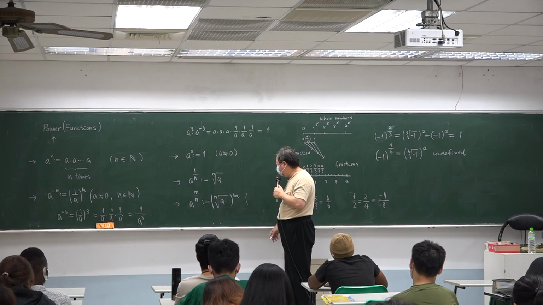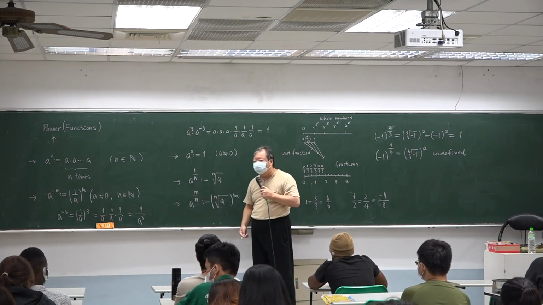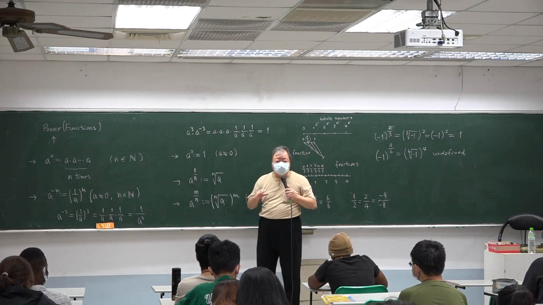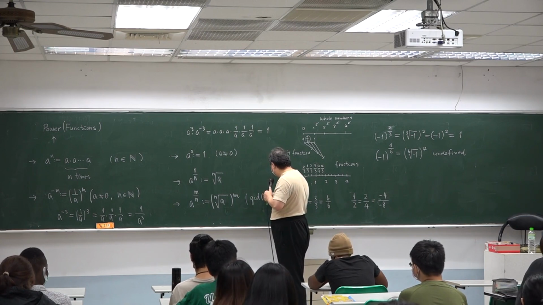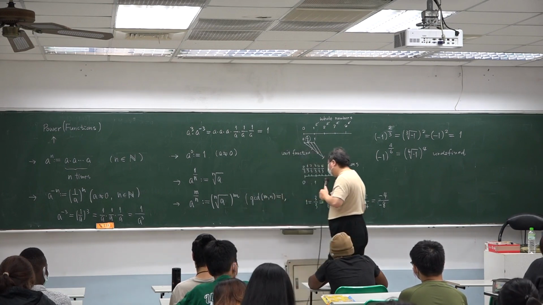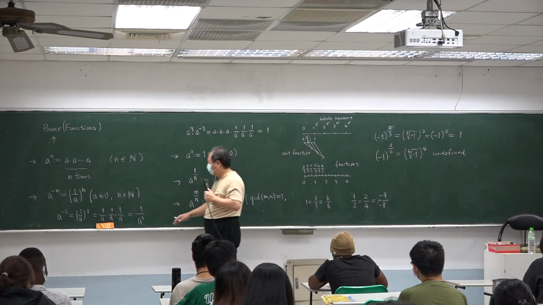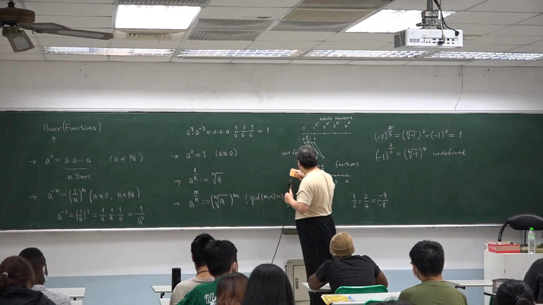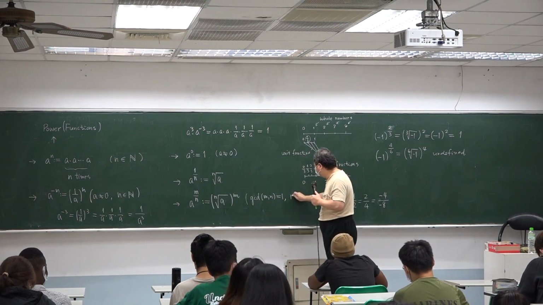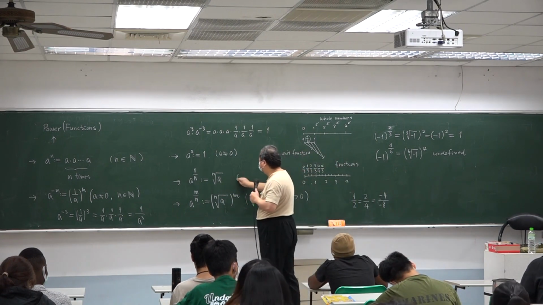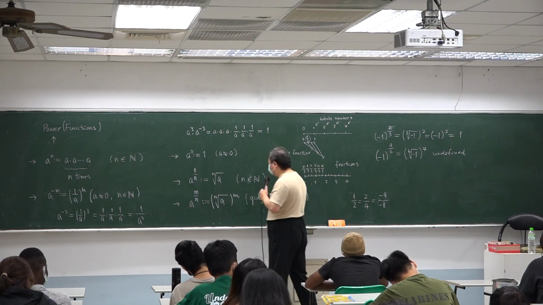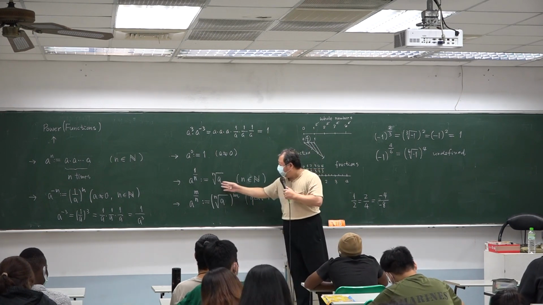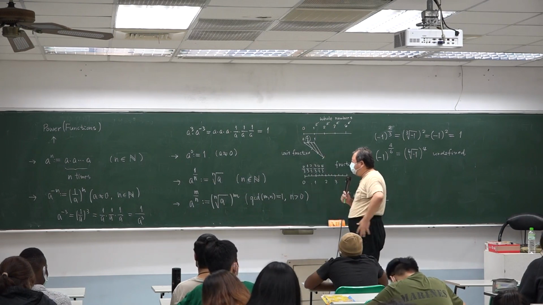Here we require this number in its lowest term. Of course, when n is an even number, we assume a is non-negative.